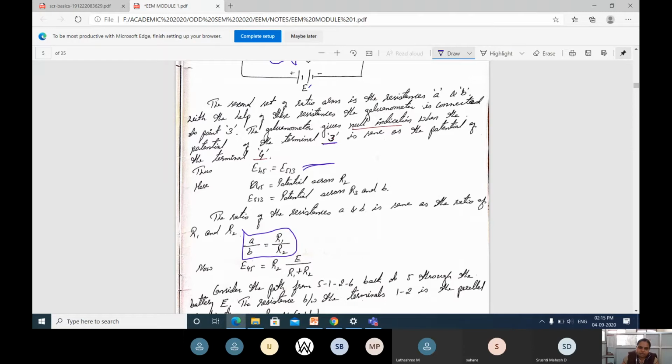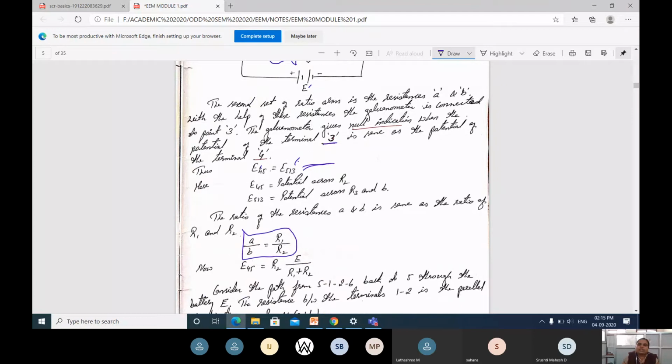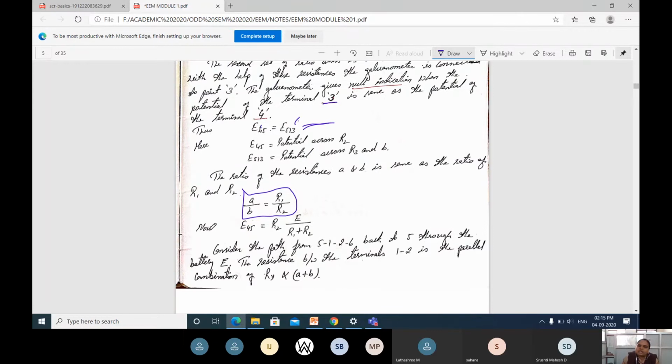Now one by one we will go with solving the problem, the derivation is coming. First we have to calculate the potential E4,5, then the potential E5,1,3, then equating those, I will get the balanced equation. First we will find the potential across the 4, 5 terminals.